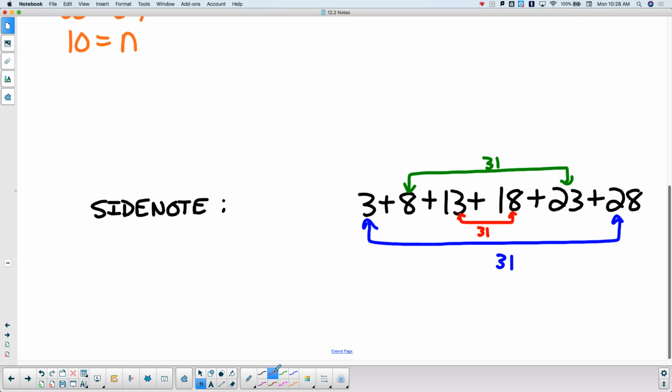Would you allow us to do that as the way we solve things, just to solve how many terms there are? But you can't get n out of that. You know what I mean? Because in the last one, we wouldn't know. But you could take the first and the last term that they gave us, add them together to find that, and then take the second one, subtract that from what the total should be.